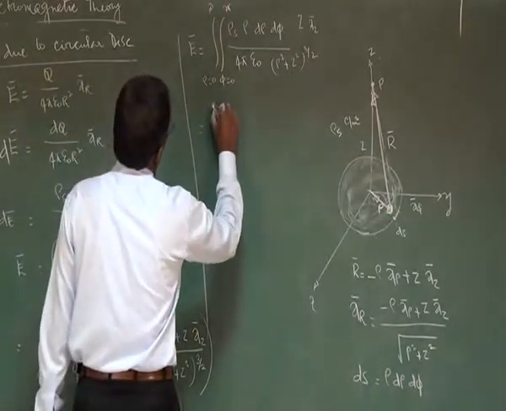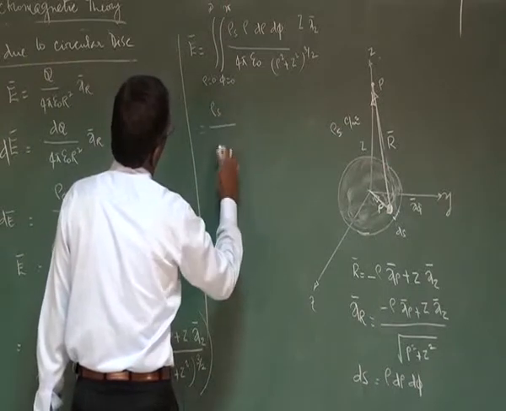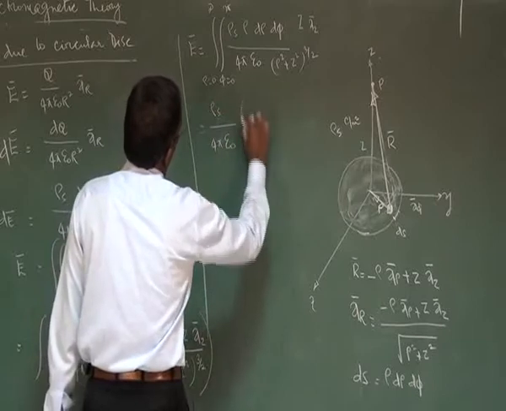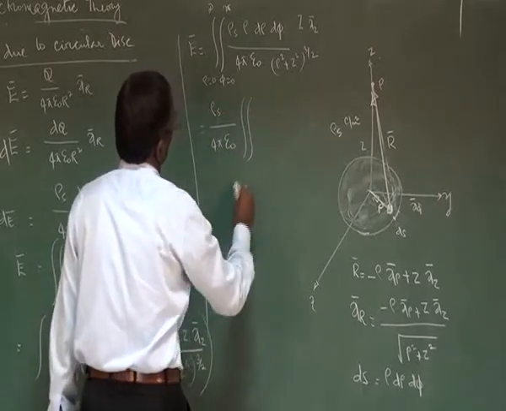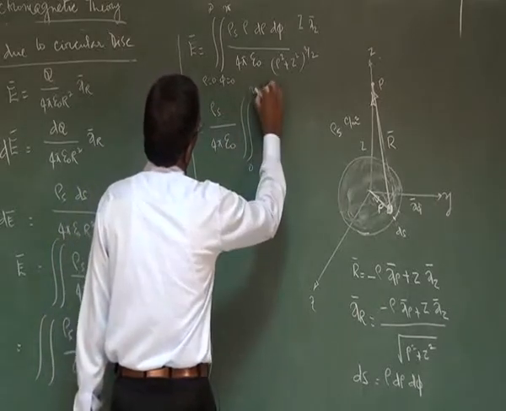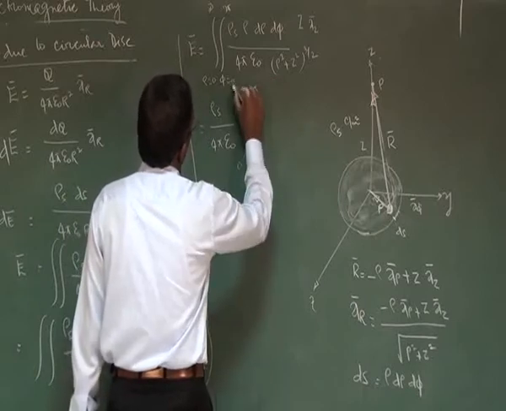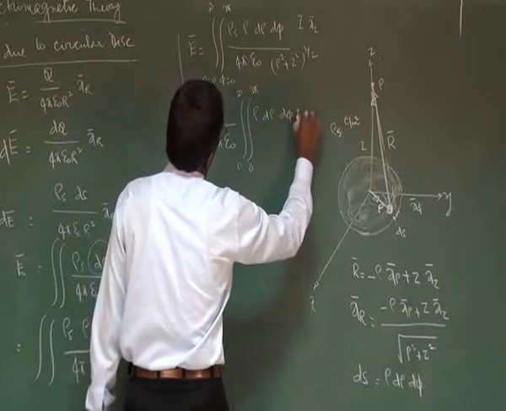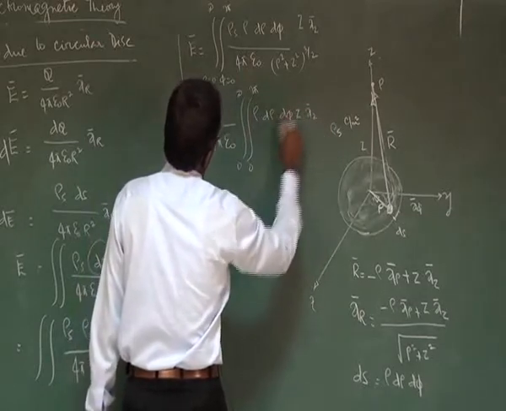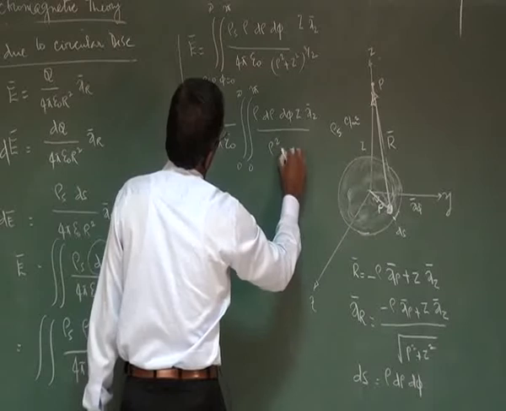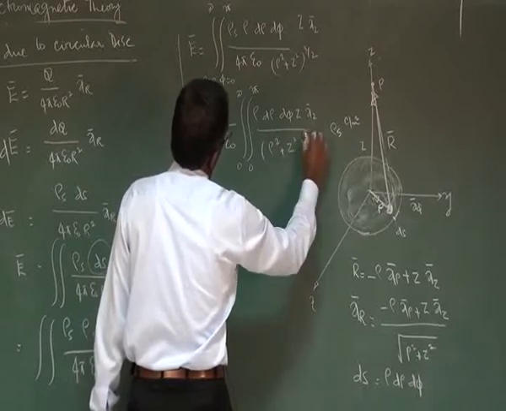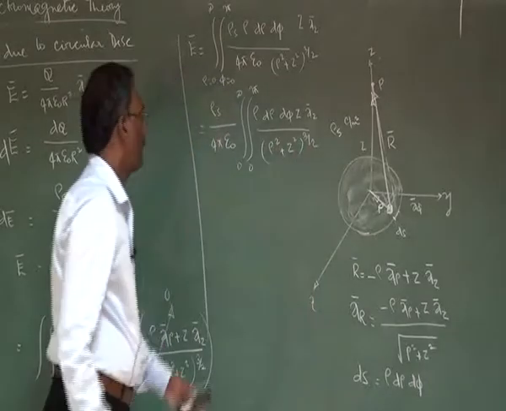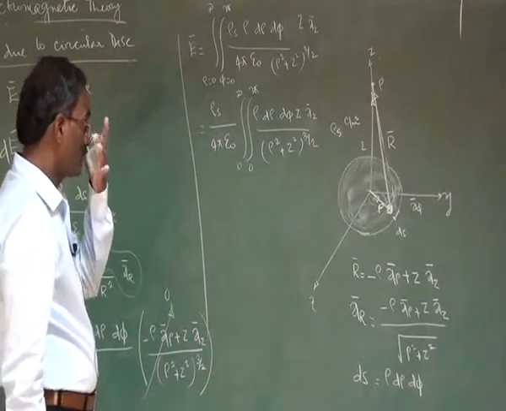So these are the limits we can substitute here. Rho s is constant. Okay, we can take it outside. 4 pi epsilon O is also constant. Double integral, it is phi 0 to 2 pi, it is rho 0 to infinity, rho d rho d phi z a z bar divided by rho square plus z square power 3 by 2. So this integration has to be evaluated.